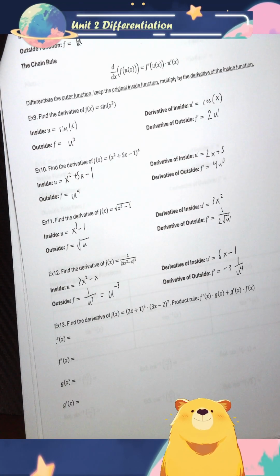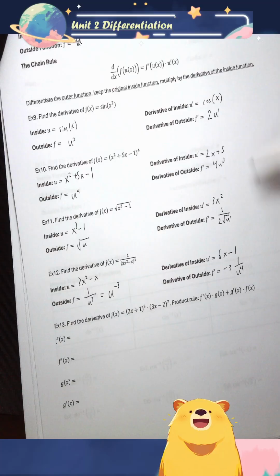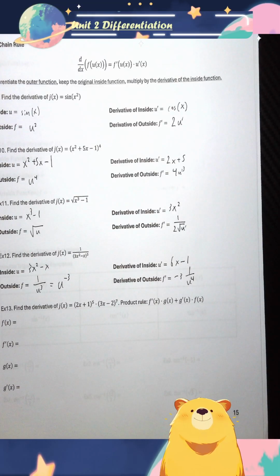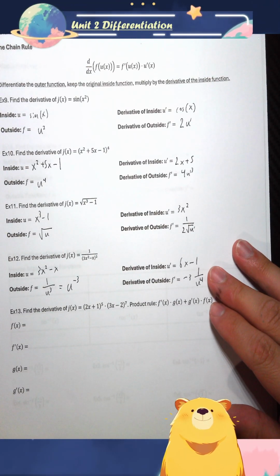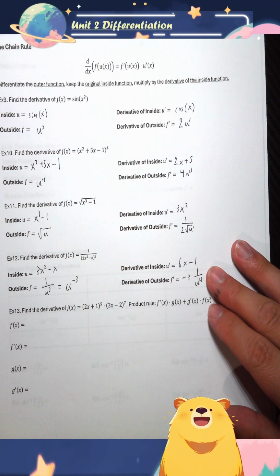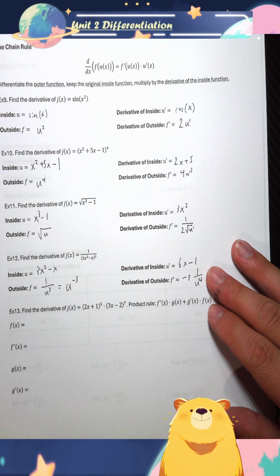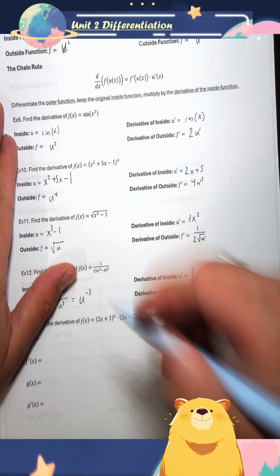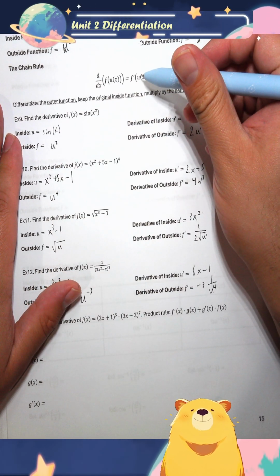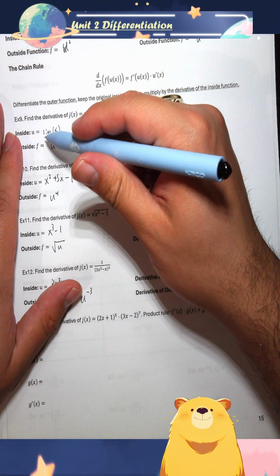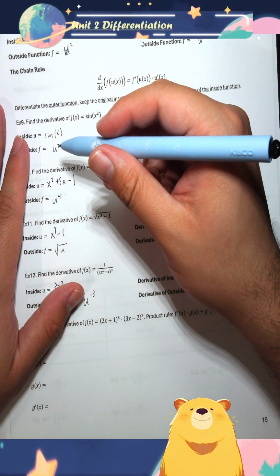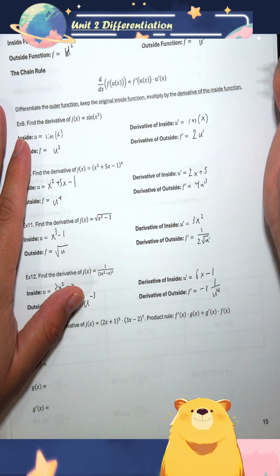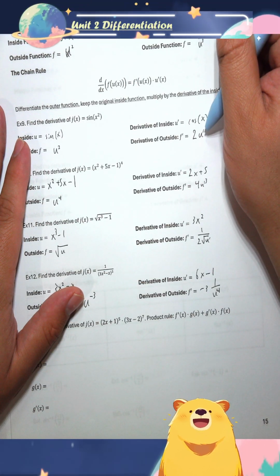Now, let's construct all of these derivatives. So, you take, let me use a different color pen for this. You take that f prime and just write u that's inside of it. Why did I do u prime?